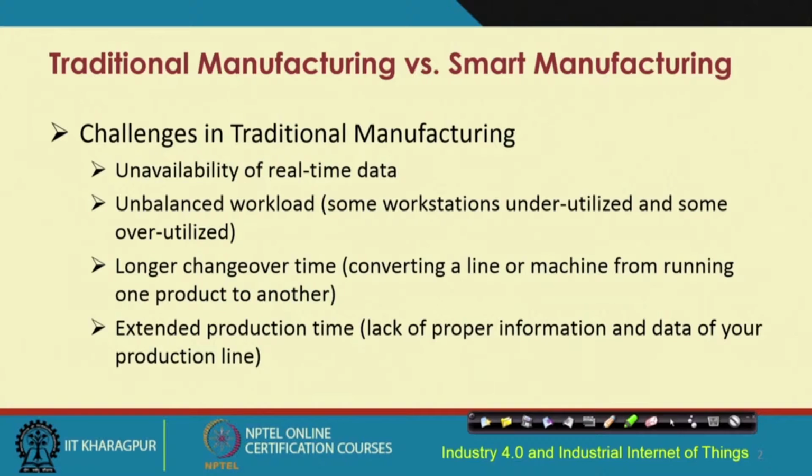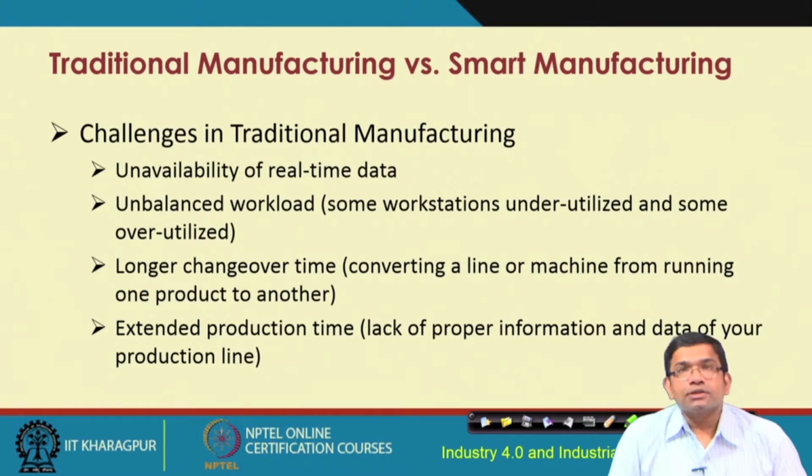All of these different challenges, the four different challenges that I have just mentioned, could be overcome with smart manufacturing solutions. So, smart manufacturing, smart factories, factories which integrate IIoT solutions to basically transform them to be smart.